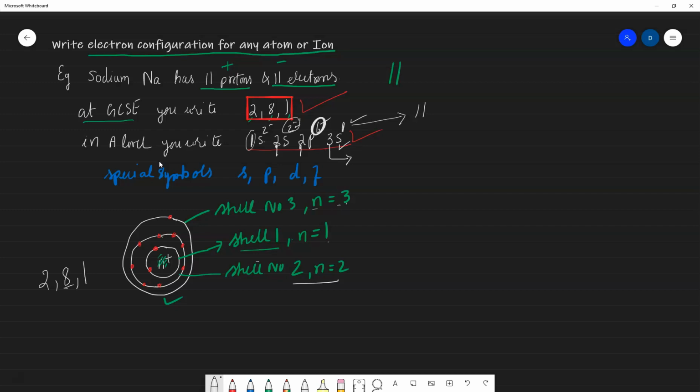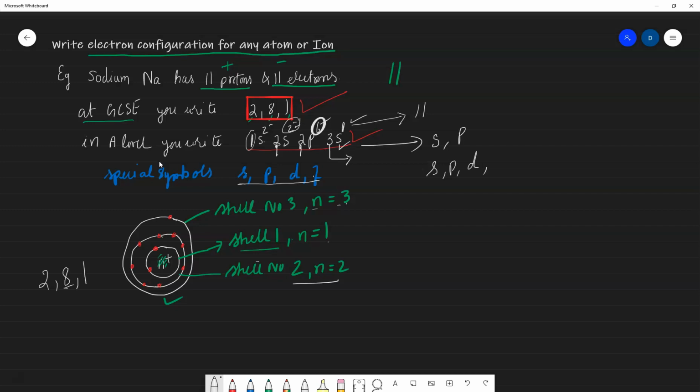Now these are the 4 symbols you have to learn: s, p, d, and f. In the above example, you see only the symbols s and p used. But if you write the electron configuration for, say, aluminum or silicon or boron, you will see the letters s, p, and d.